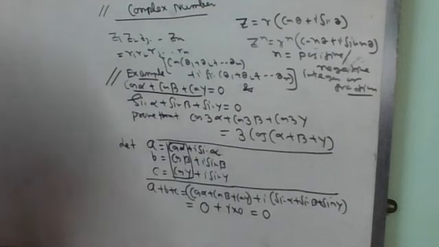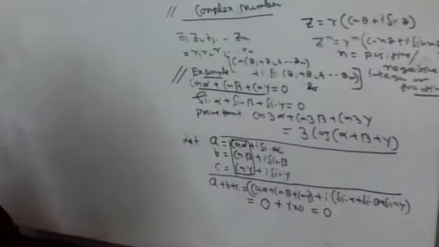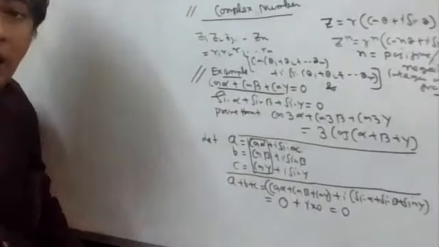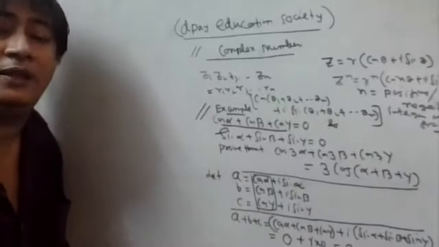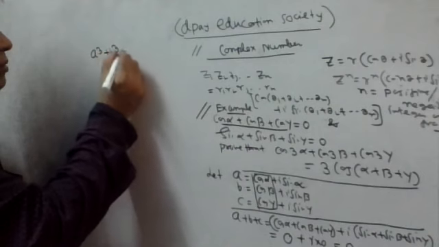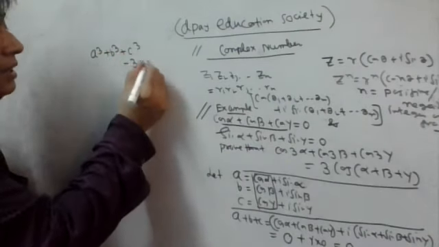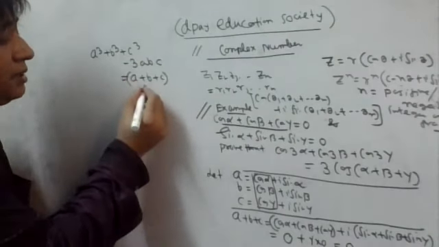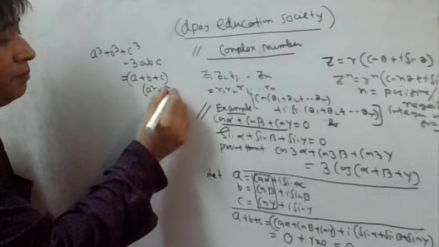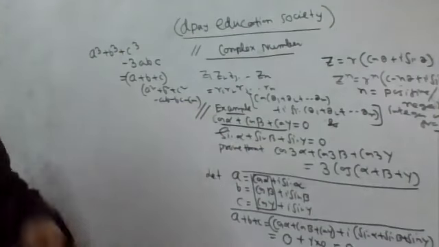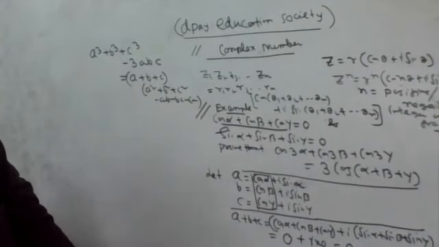Now one basic property of yesteryears has to be recalled. In class 8 level, you are taught one property: A cube plus B cube plus C cube minus 3ABC is equal to A plus B plus C into A square plus B square plus C square minus AB minus BC minus CA.